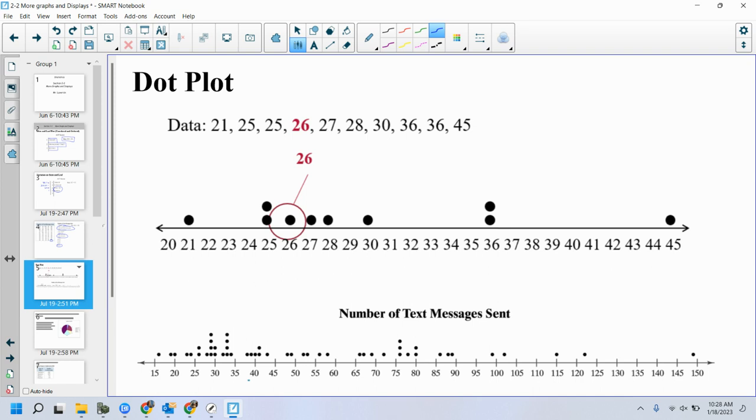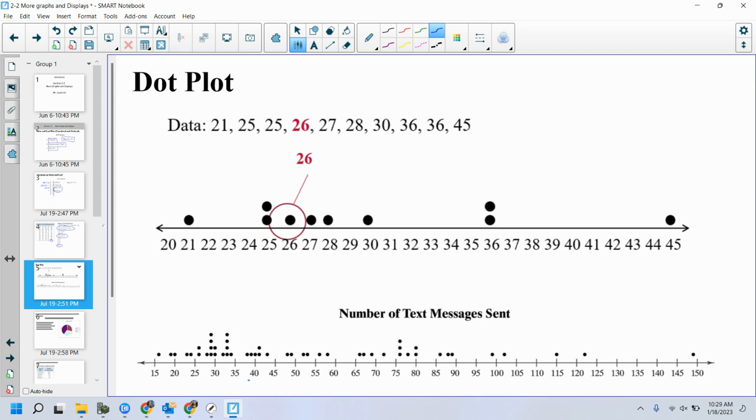So dot plots. Okay, another way to represent data visually, where I can see all of my pieces of data, right? I can see the spread of the data now. I can see how much it varies. This is just another type of visual representation.